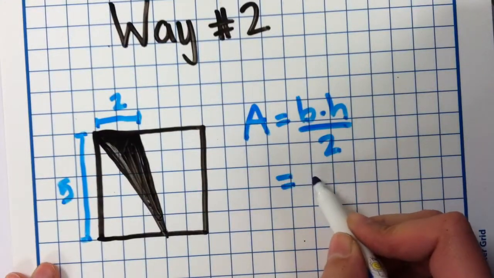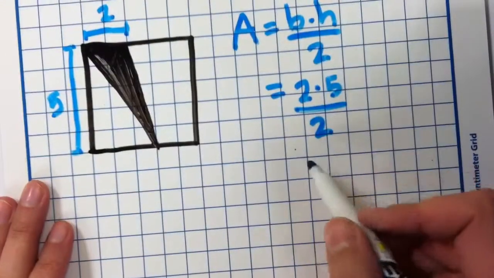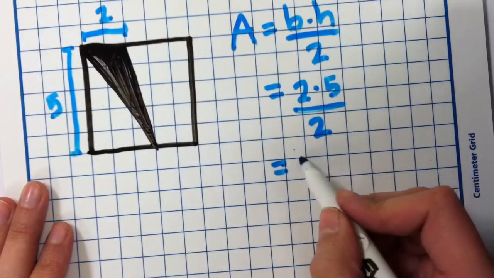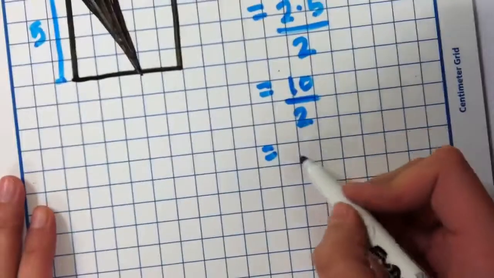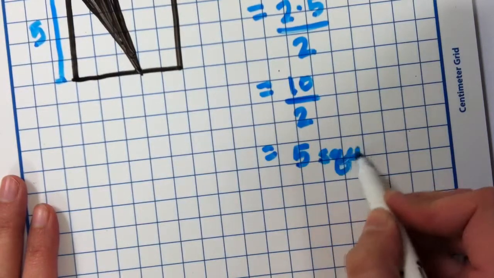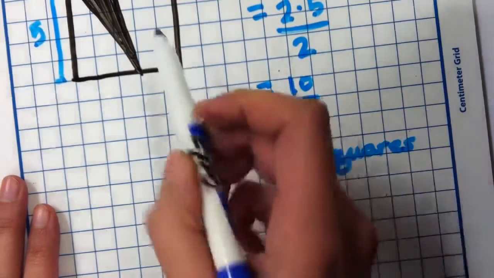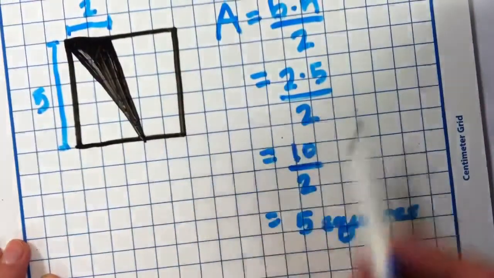So I'm going to get base, which is 2, times 5, divided by 2. And now I have 10 divided by 2. So my area in terms of squares is going to be 5 squares. My area is equal to 5 of these squares. 5 of those squares make up this shaded region.